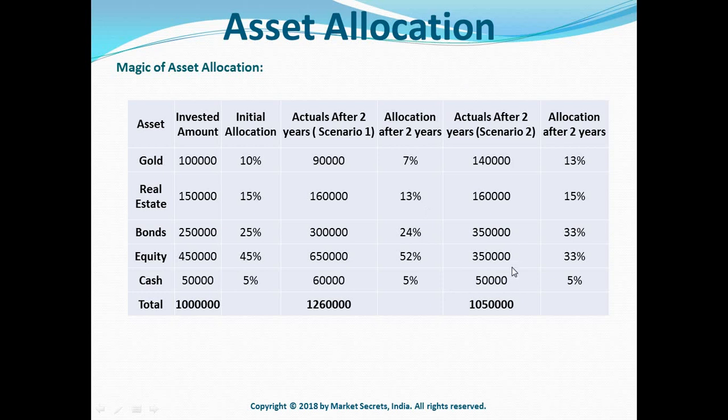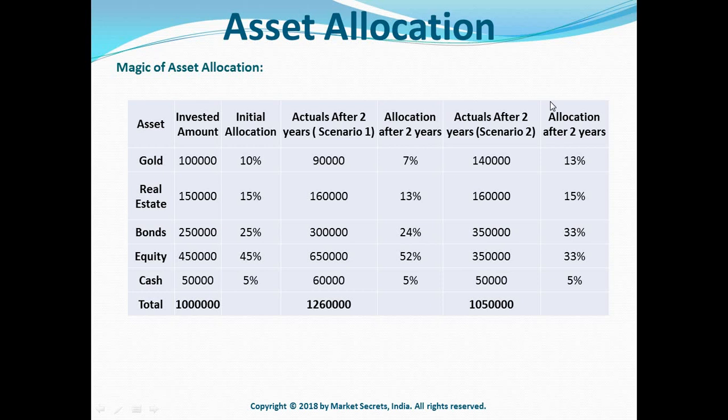So in such a scenario, again your asset allocation is totally messed up, because 13% is in gold, 15% is in real estate, 33% is in bonds, and 33% is in equity. So even in this case, the asset allocation is messed up, even when there is a market crash.